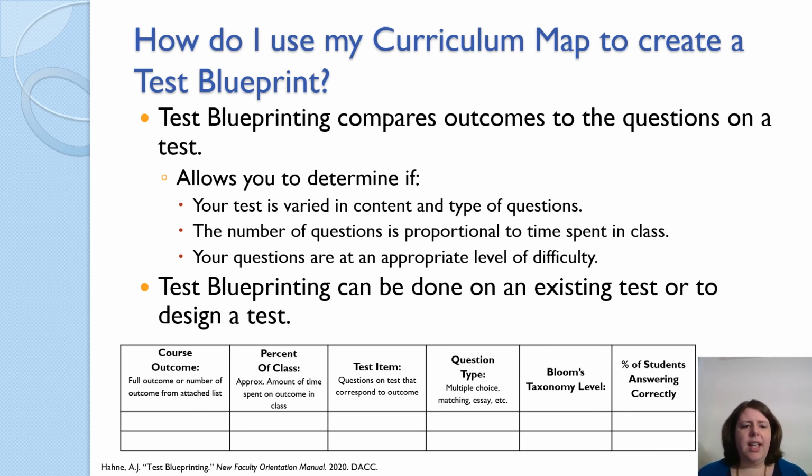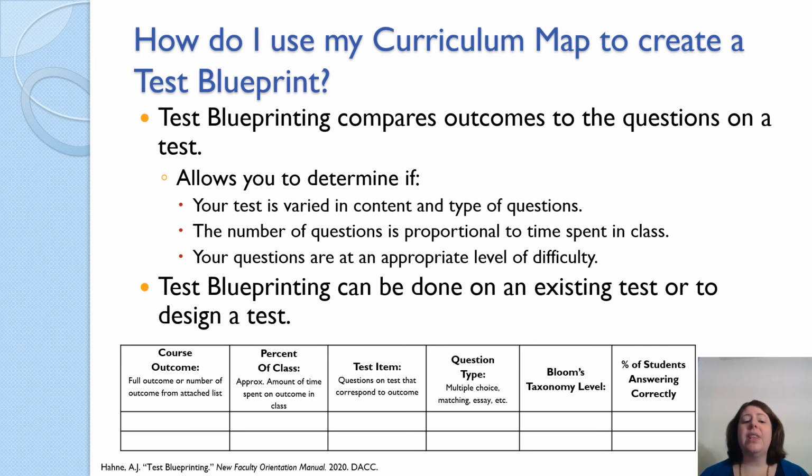It's a chart, and on the left I've got the course outcomes. Then I have the percent of time I've spent in class. So you could do the number of lectures, you could do a certain number of minutes, or something that's meaningful to you. Then your test item, so which questions correspond to the outcome, what question type, so is it multiple choice, is it matching, is it essay, then your Bloom's level.